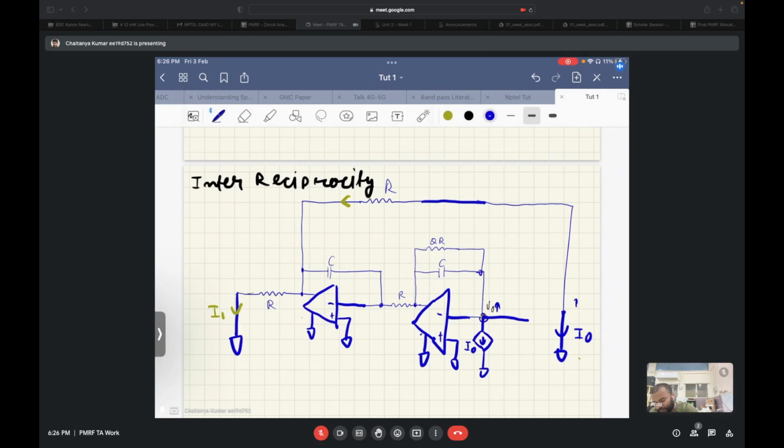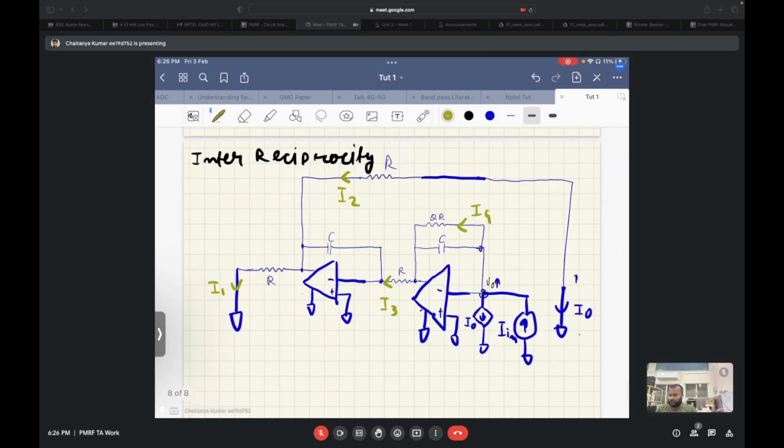So we will inject a current at the previously known output terminal. Let's call this I in, and these currents I1, I2, I3, and I4. We'll try to find all the currents one by one and see what we get.